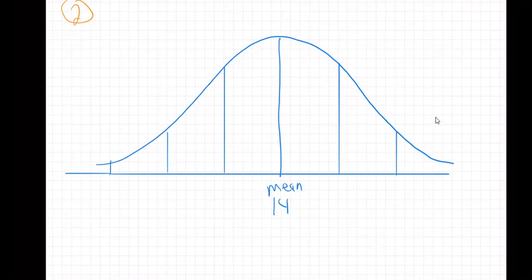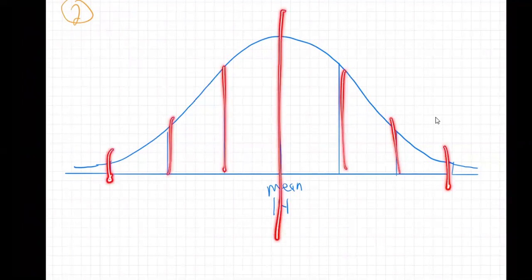Extend that a little bit. Okay. So what am I doing? I'm putting 3 lines to the right and 3 lines to the left of the middle line. Everybody see that? 3 to the right, 3 to the left of the middle line.